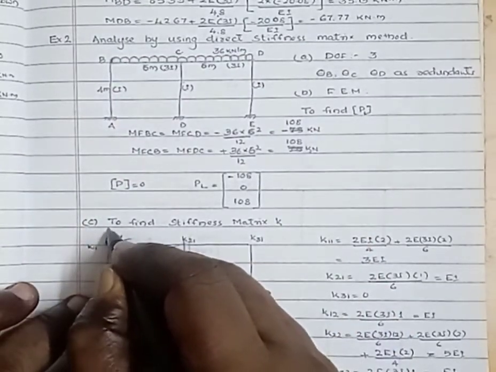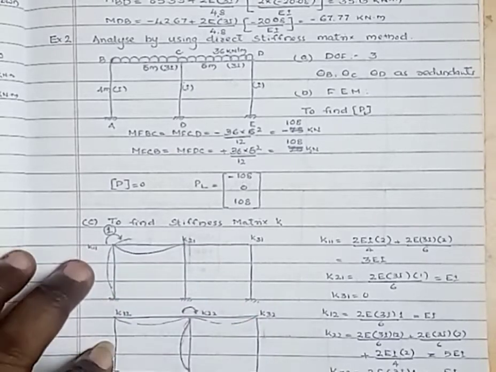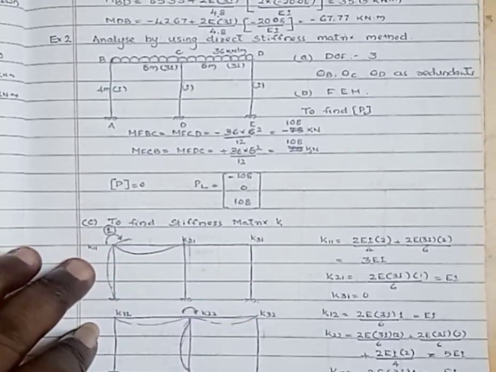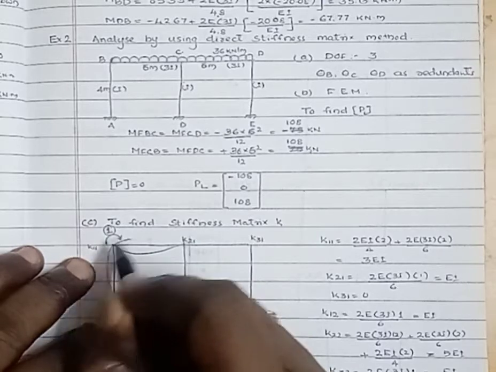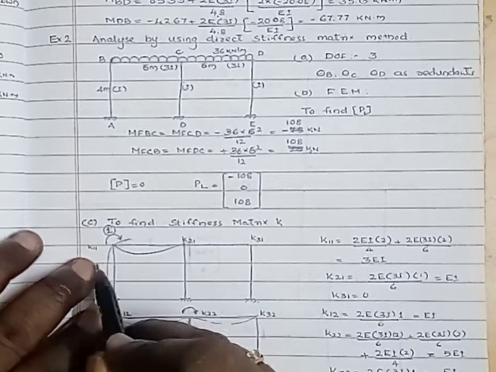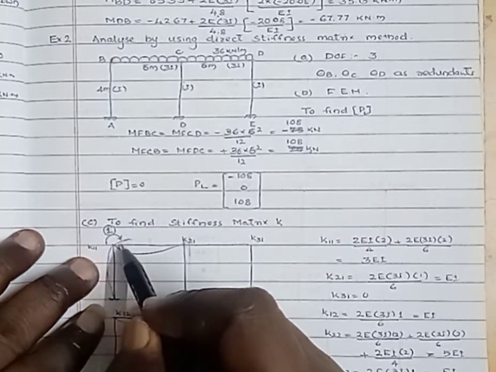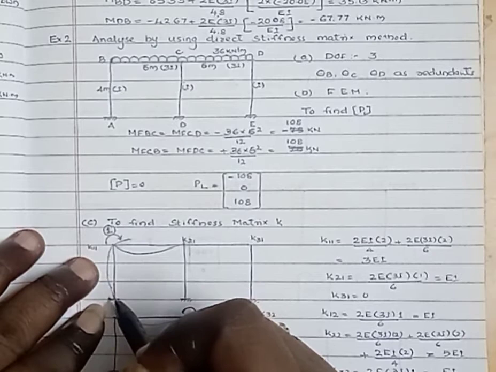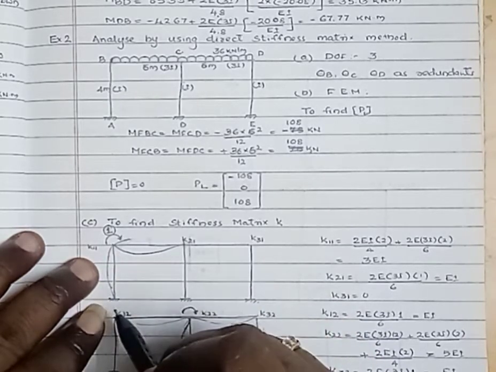Due to the unit rotation at 1, theta B is 1 in clockwise direction. Hence, the stiffness elements are here. Due to this unit rotation at 1, the portal frame will undergo deformation.